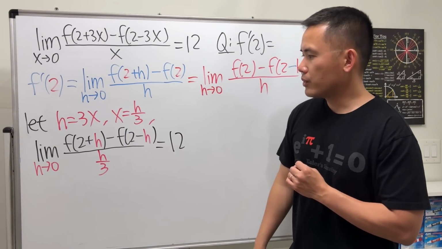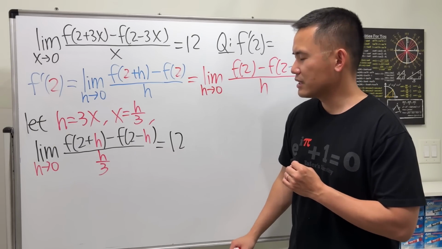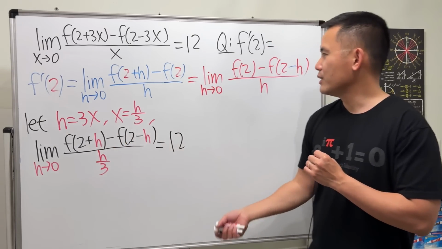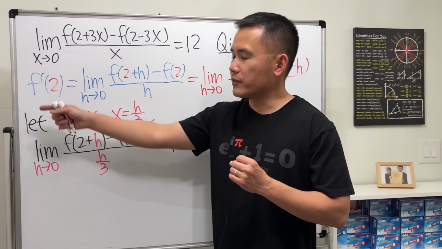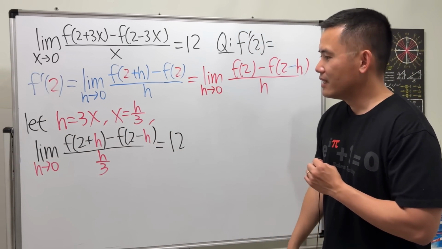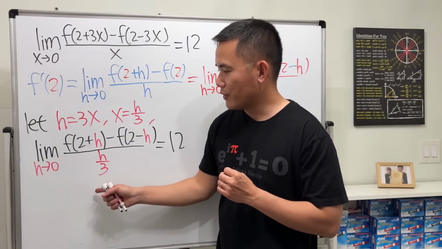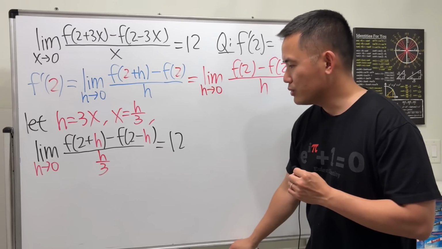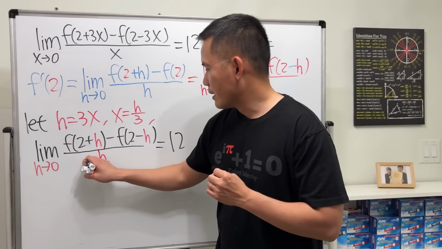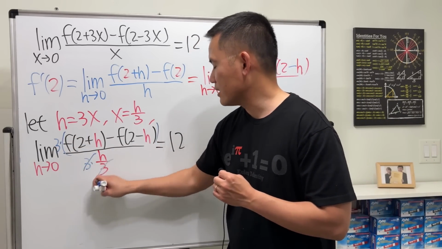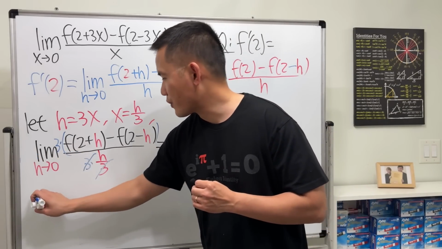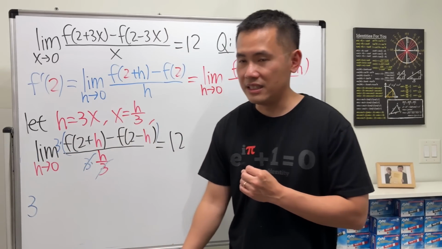Now, to continue, what we have to do is just somehow break this down into that and also this, and then we can figure out what f prime of 2 is. That's the idea. Perhaps let's simplify the h over 3 on the bottom first. And we can do so by multiplying the bottom by 3 and then the top by 3, like so. So this and that cancel. So we can put a 3 to the front because limit is linear.